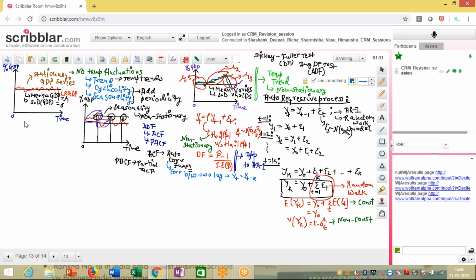How would the ACF, or the autocorrelation function, of a stationary series look like?